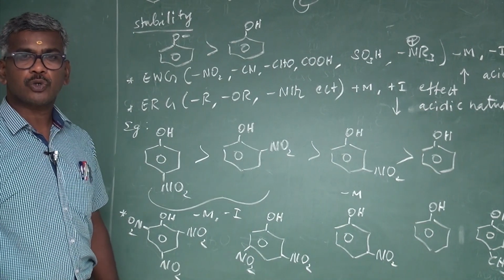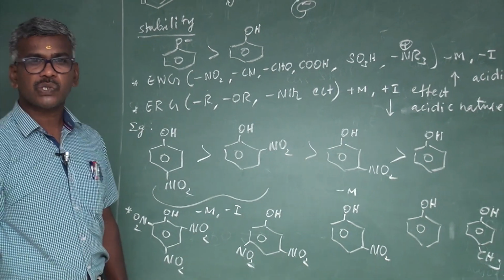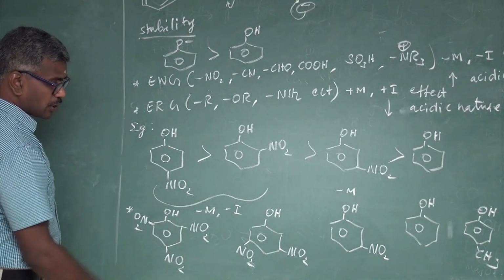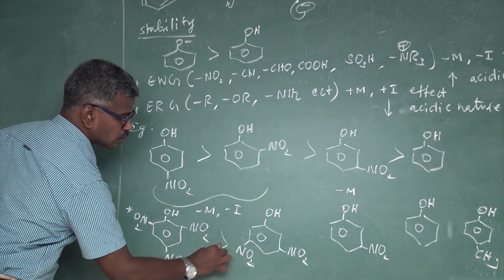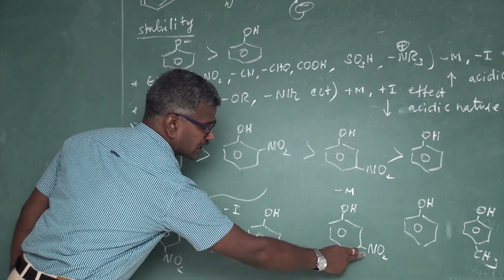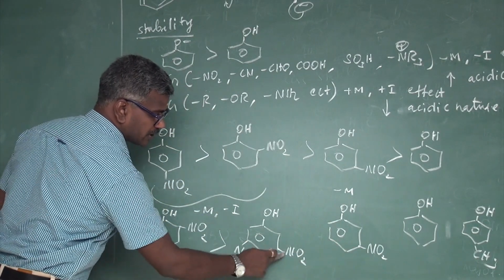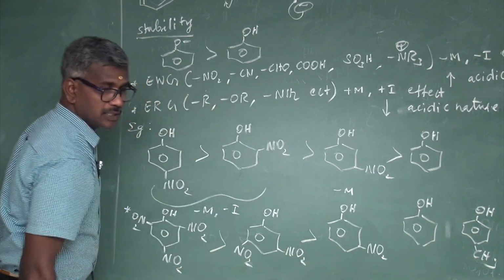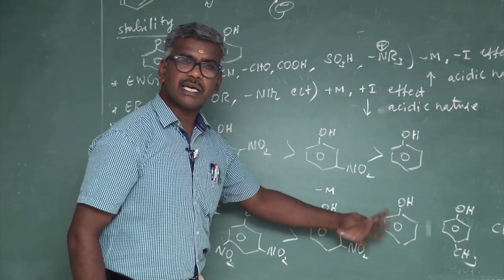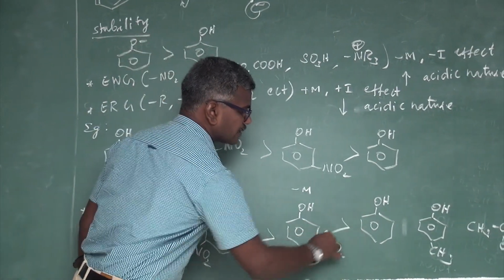As the number of electron withdrawing groups increases, the acidic character also increases. Here 3 electron withdrawing groups is more acidic than 2. Here 1 electron withdrawing group, here 2 electron withdrawing groups, this one is more acidic than this one. Here is the standard one, with no electron withdrawing group.